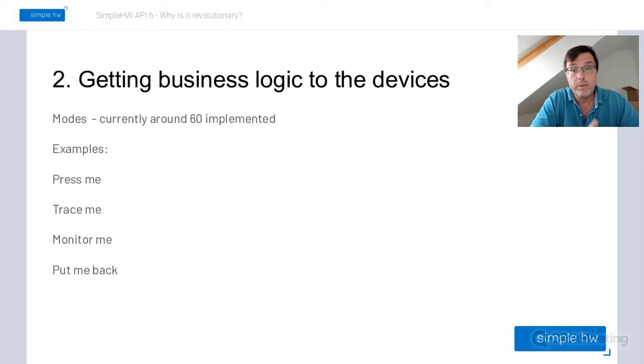We have, for instance, the put me back, which was developed mostly for dustbin emptying. This mode starts to sense when the object starts to move. Then it measures for as long as the object is moving. When the empty bin is being manipulated and turned over, it's measuring all the accelerations, and then it stops when it's still, when it's being put back.